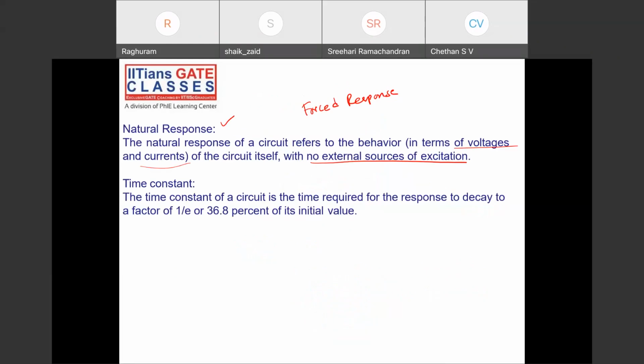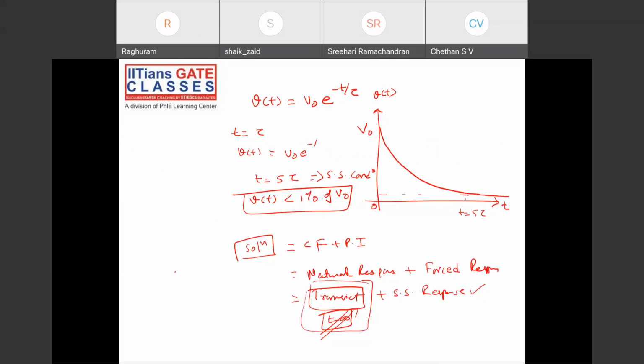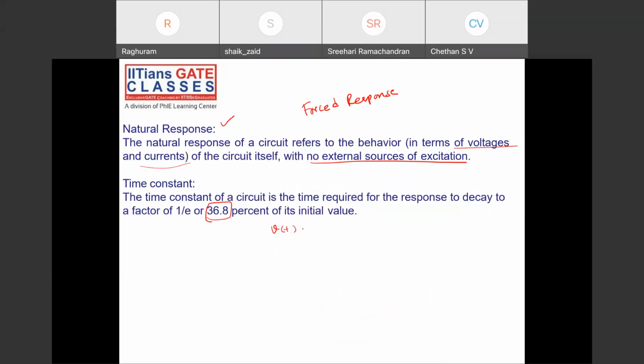The time constant of a circuit is the time required for the response to decay by a factor of 1/e, or 36.8% of its initial value. V of t is equal to V naught e power minus t by tau.